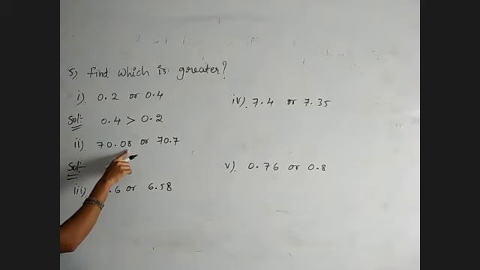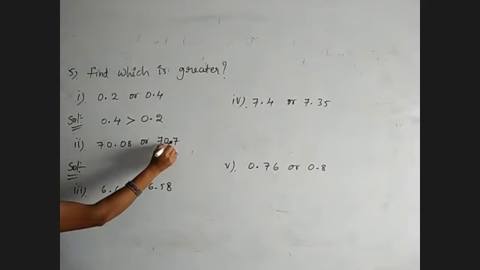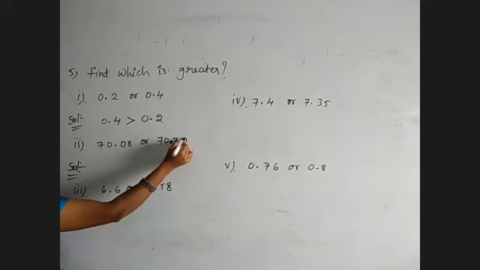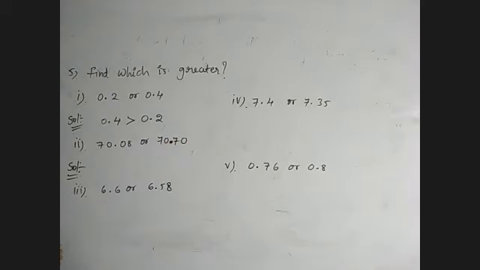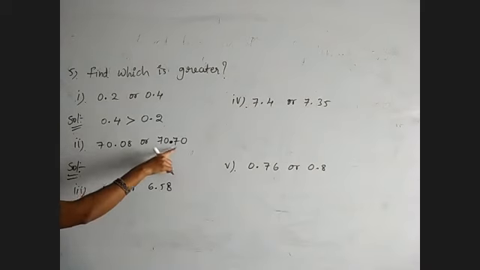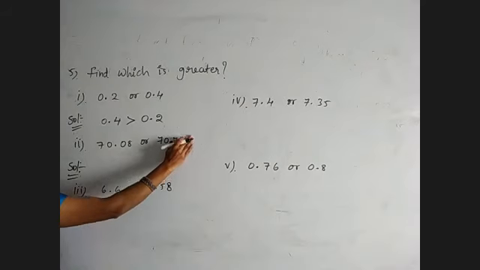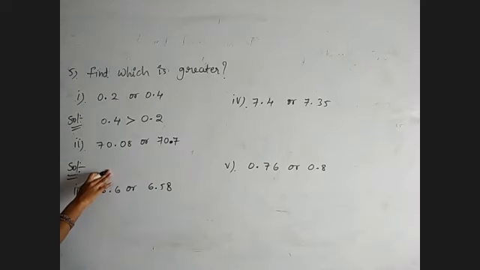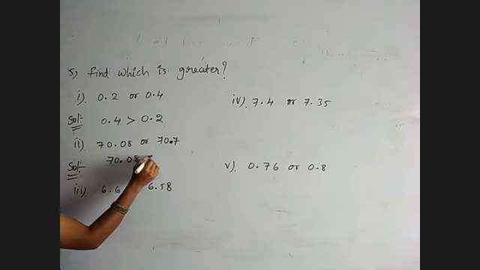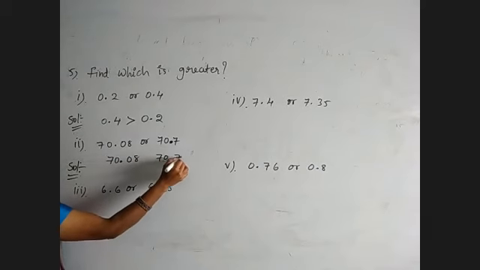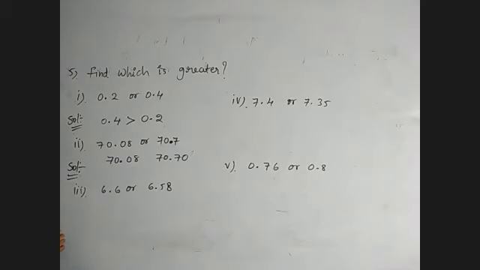Here two decimal digits are there, but here only one decimal digit is there. So make those two like decimals by adding zeros. Now here two decimal digits and here also two decimal digits. So now I am writing 70.08 and 70.70. We need to select the greater value. 70 and 70, the whole number part is the same. Go to the decimal part.